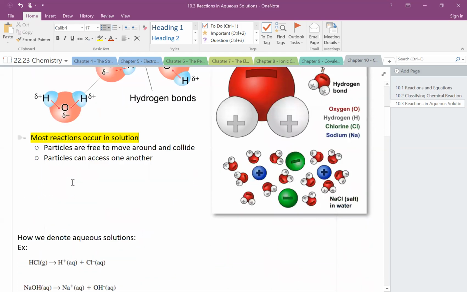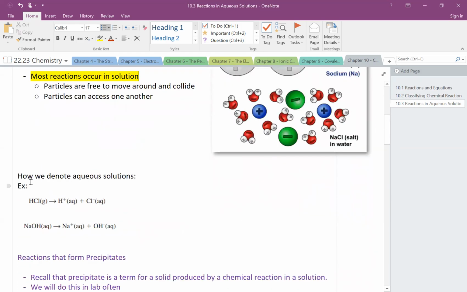Okay, so let's talk about how we denote an aqueous solution. It's very straightforward. Let's say we have some hydrochloric acid gas and we would like to pump that into water. Well, we bubble it into water and it's going to dissolve, and your H plus ions will separate from your chloride ions. And we denote that it's aqueous with this little AQ. That means that the phase this is in is aqueous, or dissolved in water.